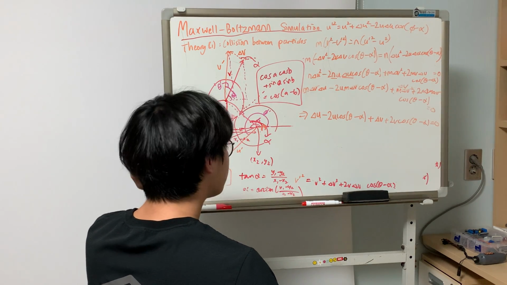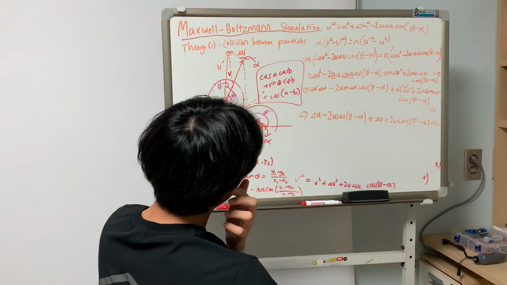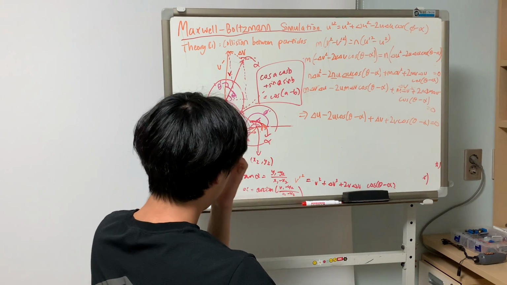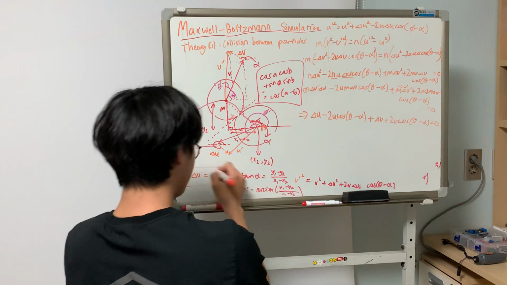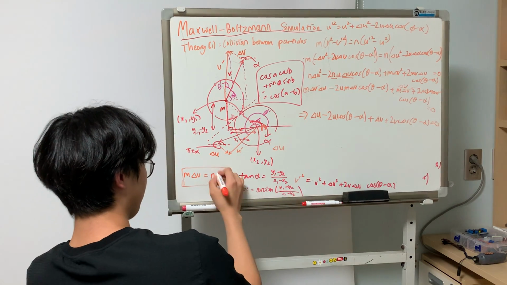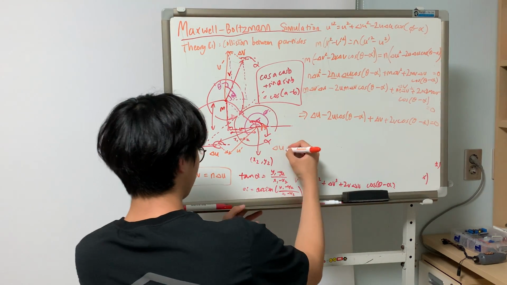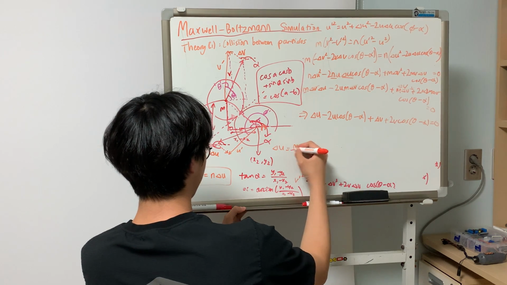Now it's easy because we only have delta u and u, and what we know from this equation is that delta u, dividing n from both sides, is equal to m over n delta v.